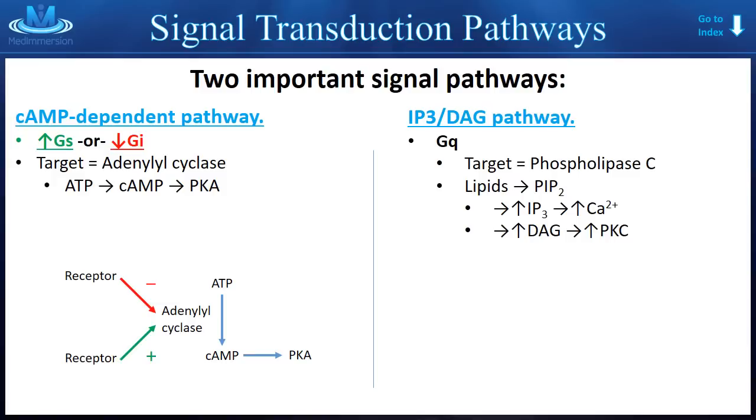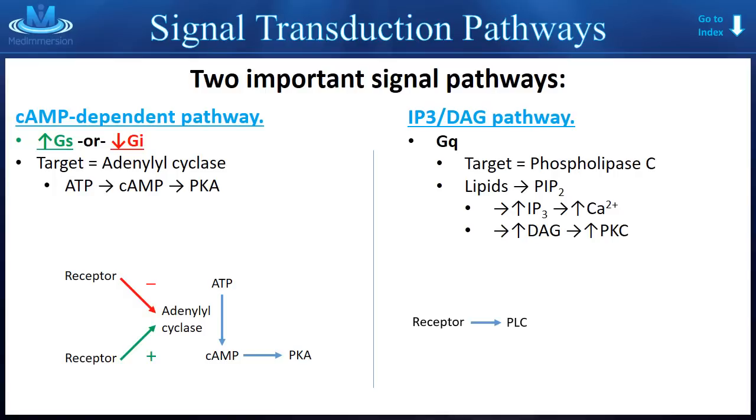Next in our discussion is the IP3 DAG pathway, or you might hear it called the phosphatidylinositol signal pathway. We go, what? That's a big name. Yeah, so let's just say IP3 DAG. The IP3 DAG pathway uses GQ protein coupled receptors, and the target enzyme is a membrane-bound enzyme called phospholipase C. What does phospholipase C do?